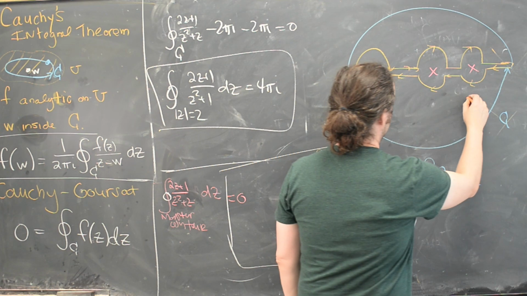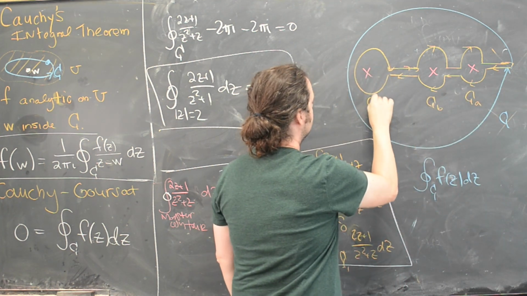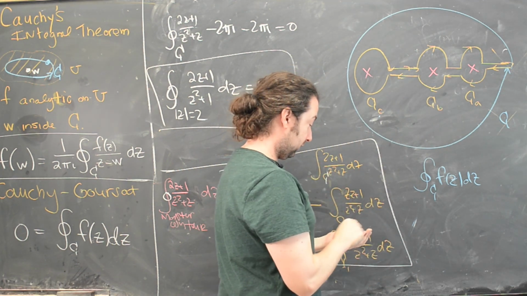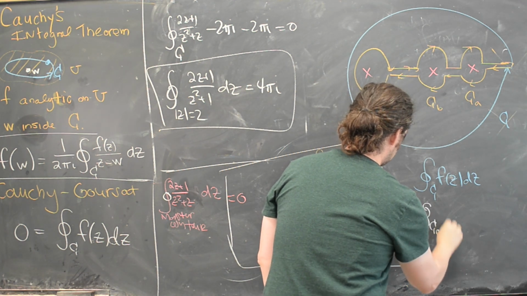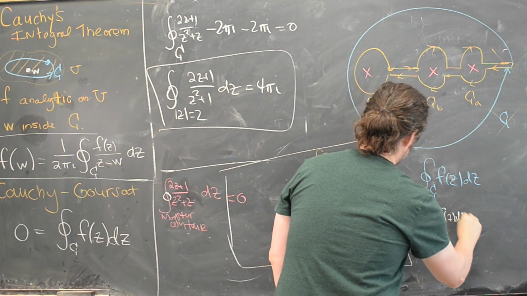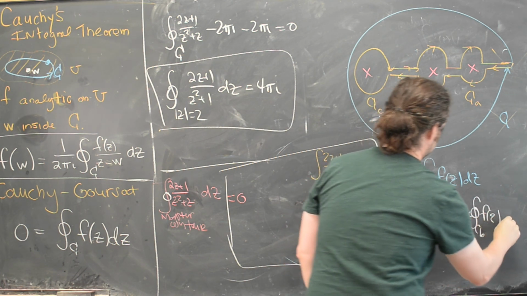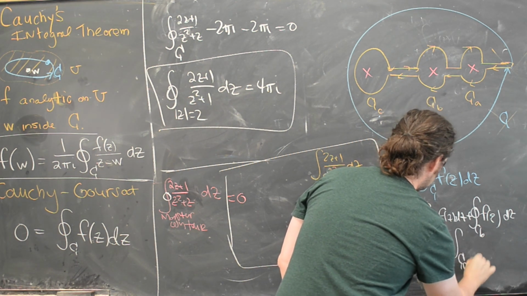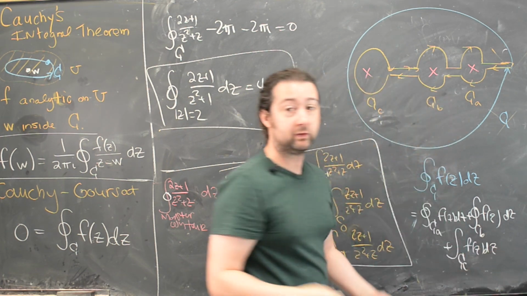So if you called this CA, CB, and CC, the same argument that we just used is going to show you that this is equal to the integral around CA of f of z plus the integral around CB of f of z plus the integral around CC of f of z. The same trick applies.